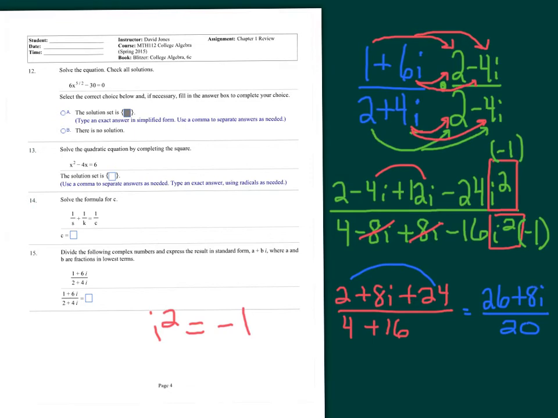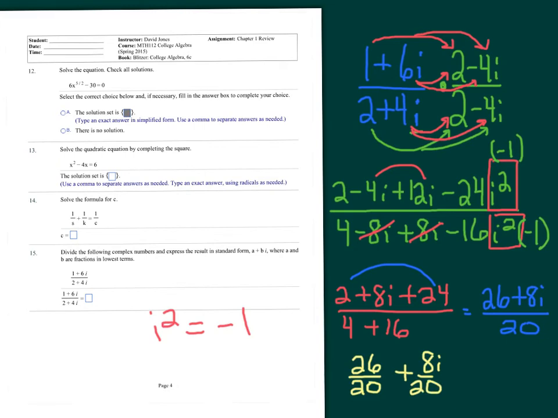And that's just about done, only that we want to put it in standard form. So let's use a different color for that. So what we'll need to do is split this up into 2 fractions. Instead of 26 plus 8i, we'll do the 26 over the 20 plus the 8i over the 20.